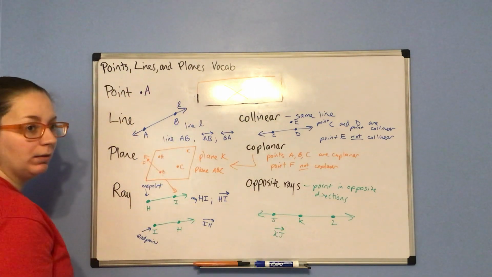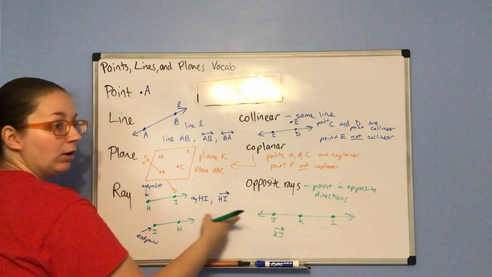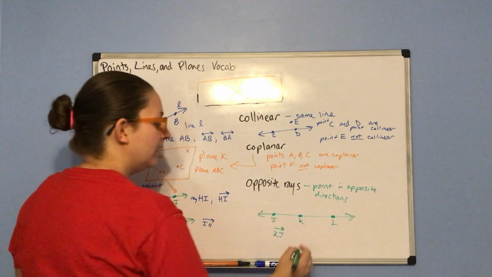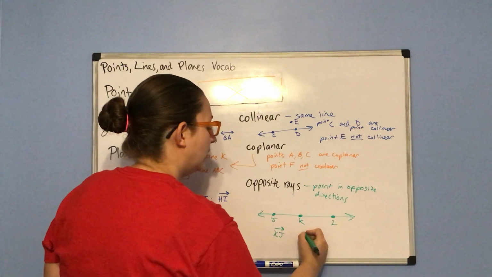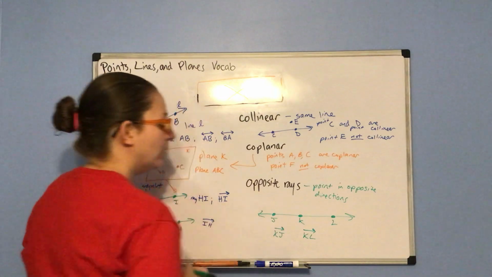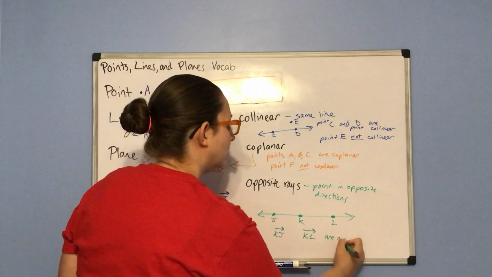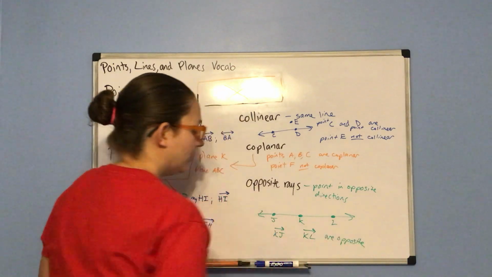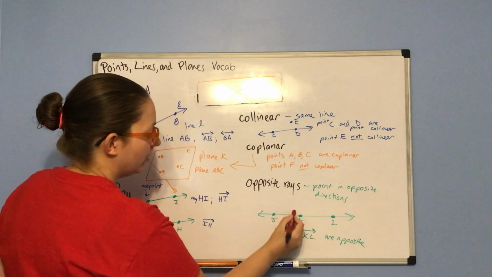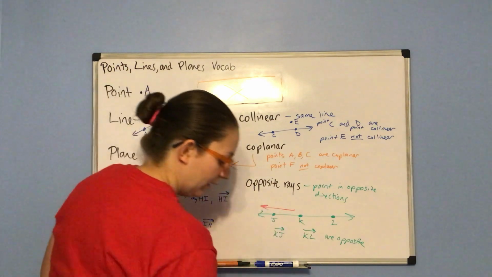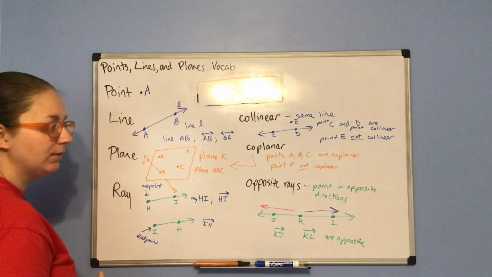When I draw it with the ray symbol over top, I need to start with my endpoint and have the arrow at the other end. And then I also have a ray from K going towards L. So that would be KL. These two rays are opposite. They have a common endpoint, but KJ is going this direction and KL is going the other way.